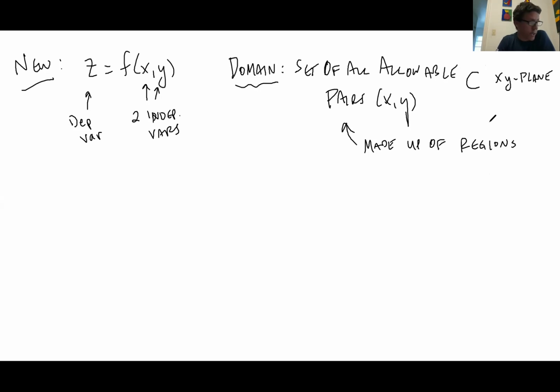So that's tricky. And not only that, the XY plane, I think sometimes books will write it like this. It's R in one direction and R in another direction. So they'll put R with a superscript to represent real numbers in both directions. So that's the XY plane. So it's all the possible pairs you can stick in. Then the range, well, these are the resulting Z values.